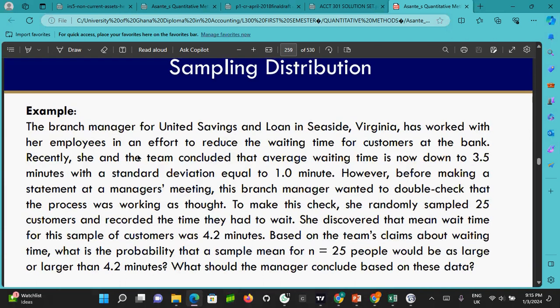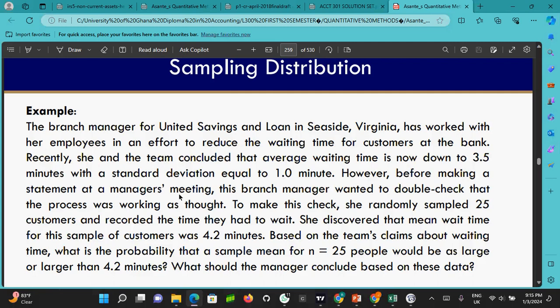So here comes this example. The branch manager for United Savings and Loan in Seaside, Virginia, has worked with her employees in an effort to reduce the waiting time for customers at the bank. Recently, she and the team concluded that the average waiting time is now down to 3.5 minutes, with a standard deviation equal to 1 minute.